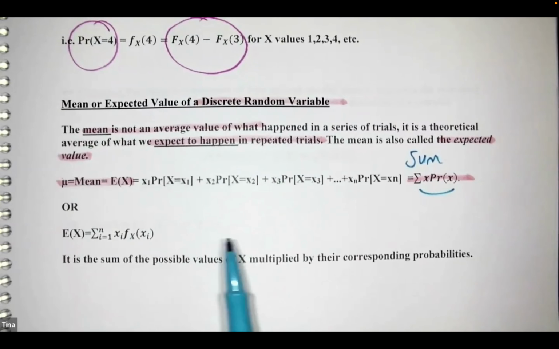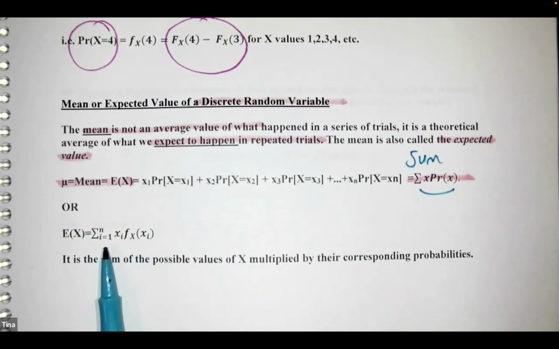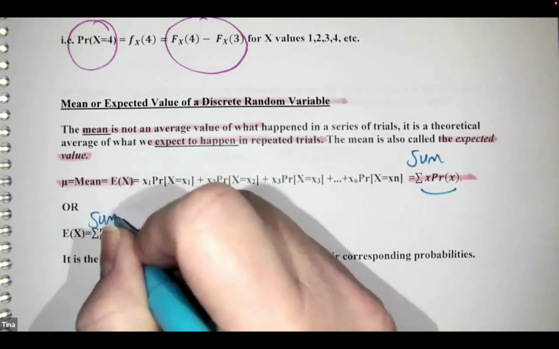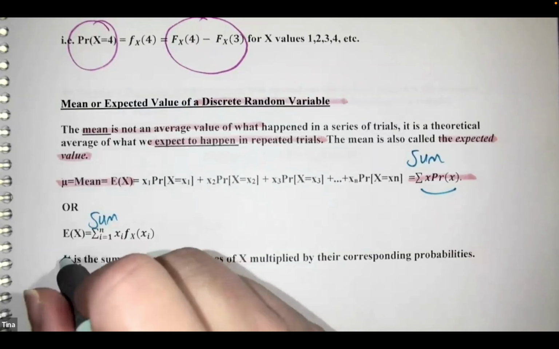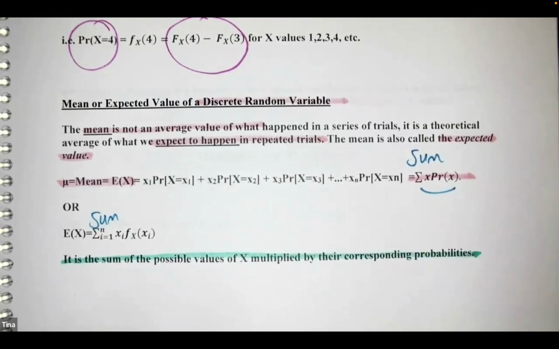So we can write it as x times probability of x. We can write it as xi times little f of xi, right? And this, of course, is the sigma or the sum symbol. So it's the sum of all the possible values of x multiplied by their corresponding probabilities. Okay, so x's times probabilities.